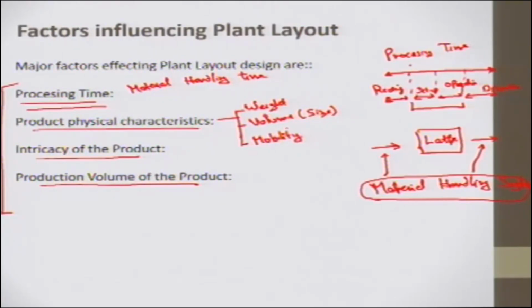So if the final product is quite heavy or difficult to handle, involving costly material handling equipment and a large amount of labor, an important consideration will be to move the product the minimum possible, to give minimum movement to the product. For example, in aircraft manufacturing, we will use fixed position layout.